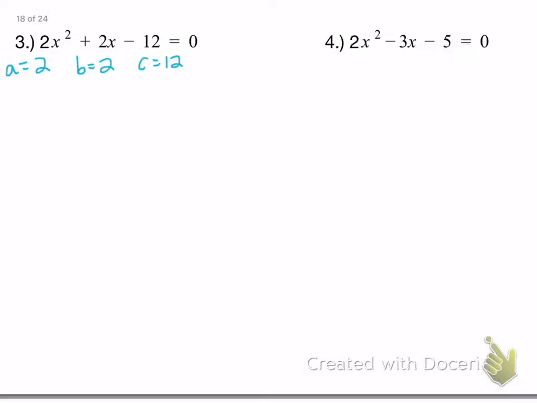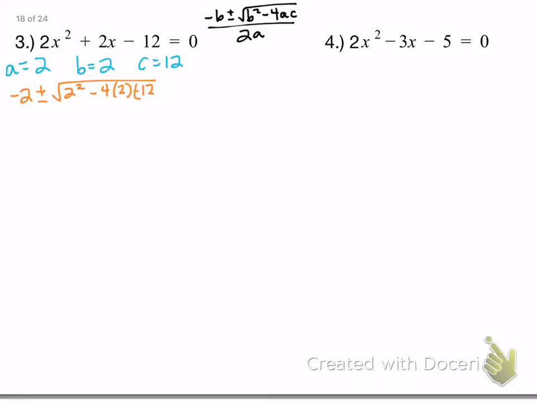I'll write it here in the middle: negative B plus or minus radical B squared minus 4AC, all over 2A. It's there for us to reference. Now I'm going to plug those numbers in. I have a negative 2 first, plus or minus, my B squared, which is 2 squared, minus 4 times A, which is 2, and C, which is a negative 12.